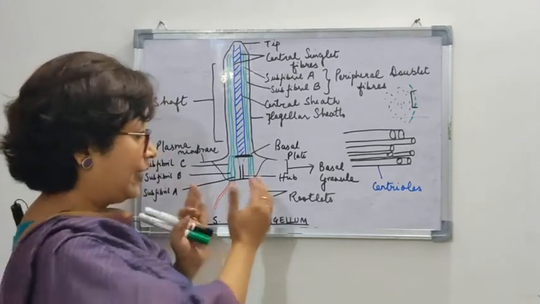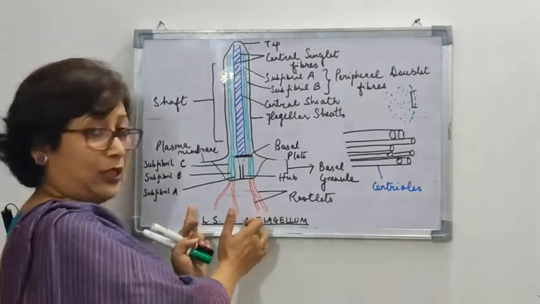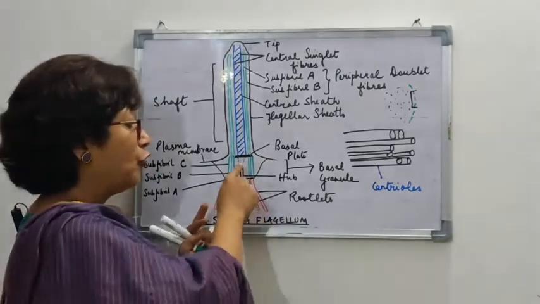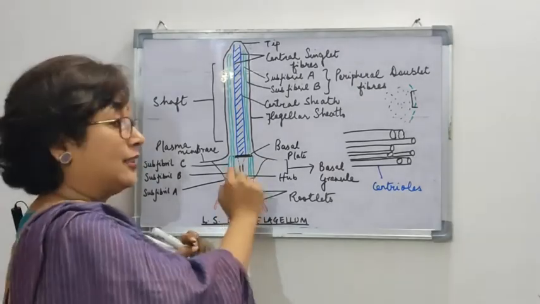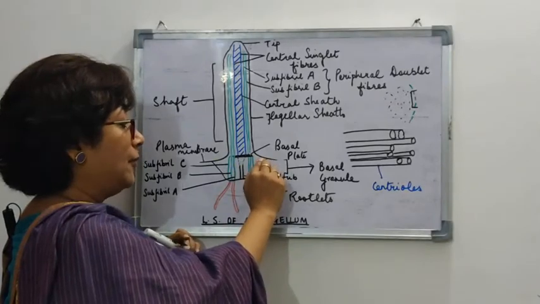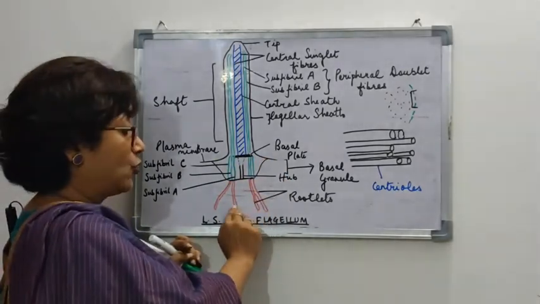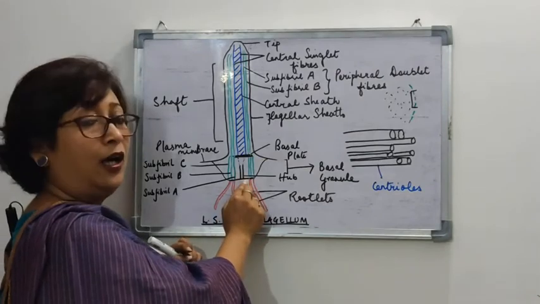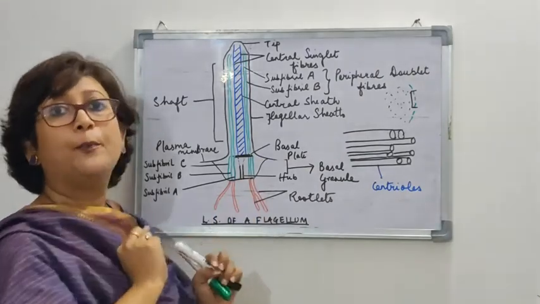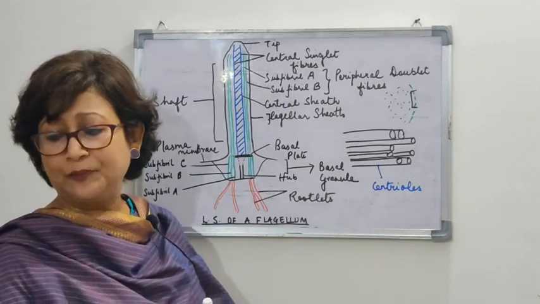This is the upper part of the basal body, and this is the lower part, and we see that the rootlets arise from the lower part of the basal body.